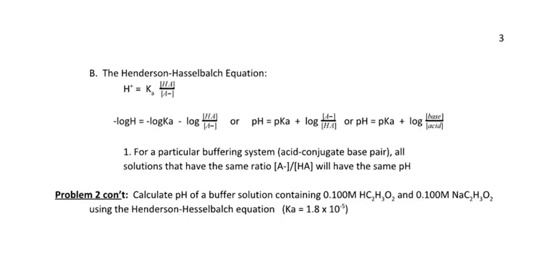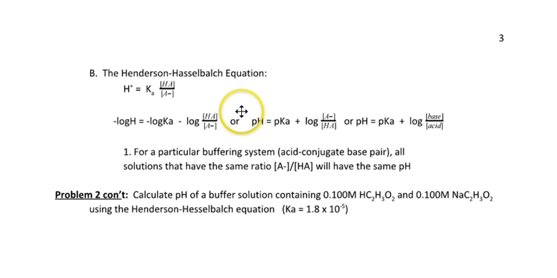If you need to pause this, find your equation sheet, and then find where it says equilibrium. I hope you found it. You will see that the Henderson-Hasselbalch equation is in the equilibrium section of the equation sheet. So this is not something that you have to memorize. You'll probably see it in this form right here.